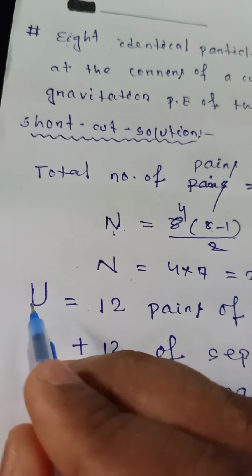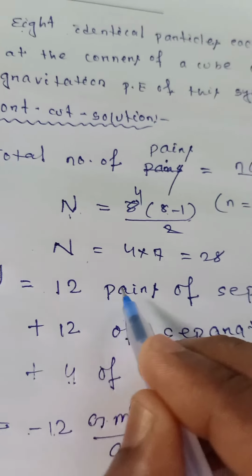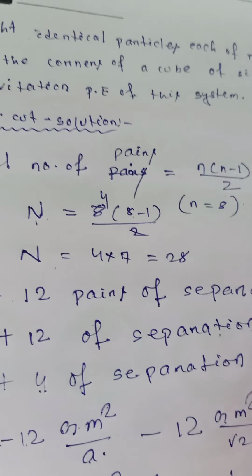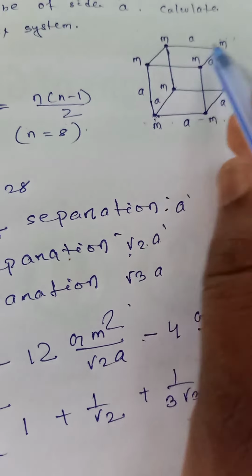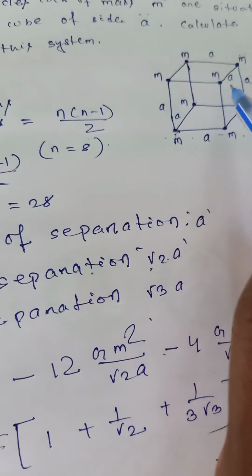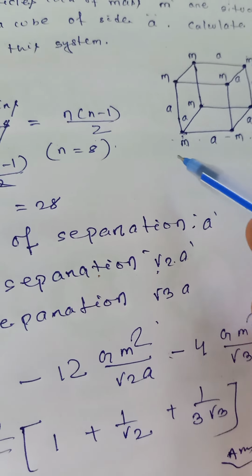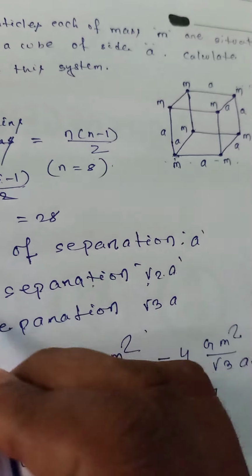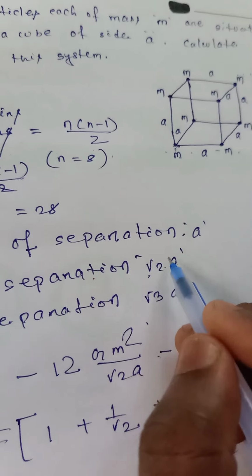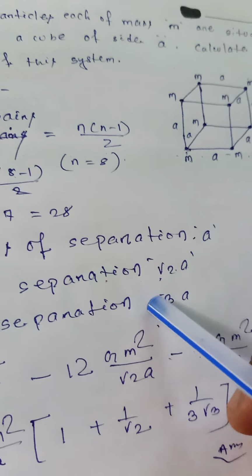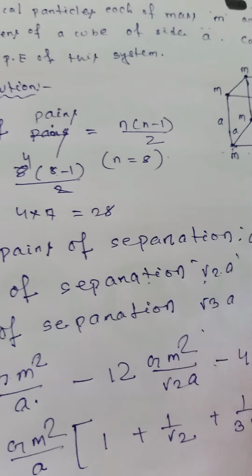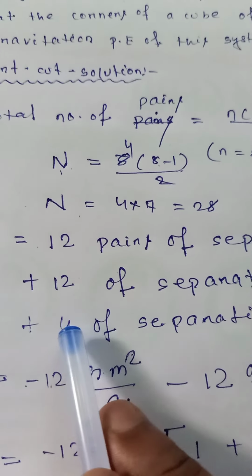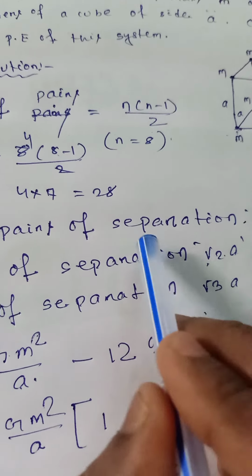Now U means gravitational potential energy. There are 12 pairs of separation a, the sides of the cube: 1, 2, 3, 4, 5, 6, 7, 8, 9, 10, 11 and 12. That is one-dimensional. Then 12 pairs of separation root 2 a, the face diagonals, from one point to another.